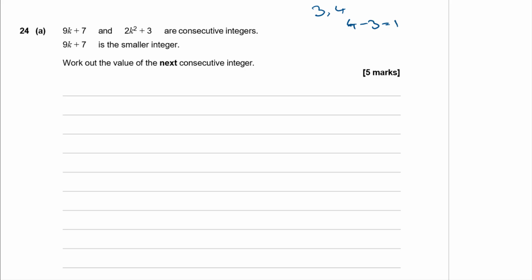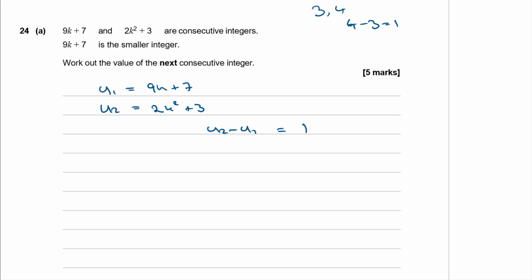Okay, so if I let u1 be 9k plus 7 and u2 be equal to 2k squared plus 3, then I know that u2 minus u1 is going to be 1. If I take one away from the other, I'm going to have to get 1, aren't I?